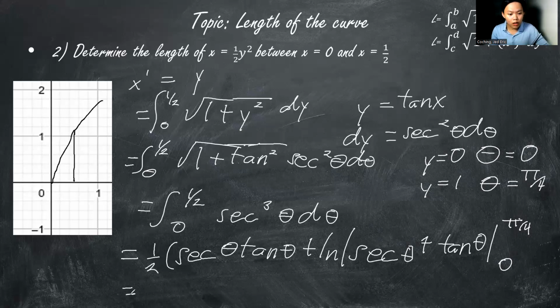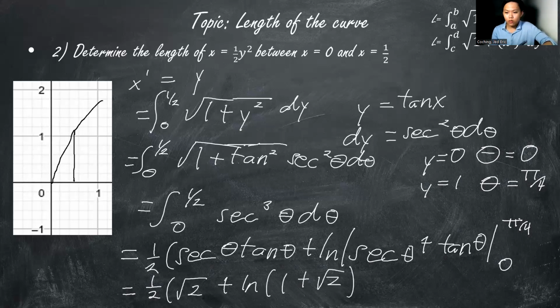Okay, now I think we can solve for this. Wait, oh no, this is 1. This is going to be the square root of 2, plus ln, so it's just going to become 1 plus square root of 2, as this equals 1.